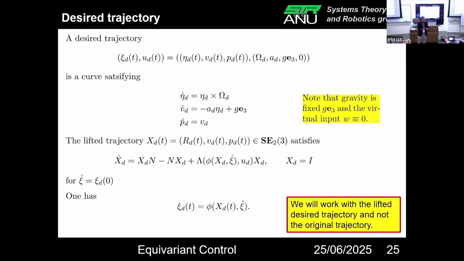So what we do is we lift the trajectory to the group. This system here, xd, evolves on the group, and has the property that when I project xd of t through the group action down onto space, I get the trajectory I want.